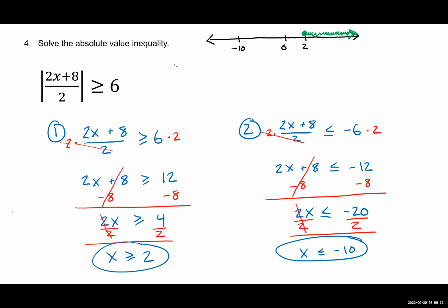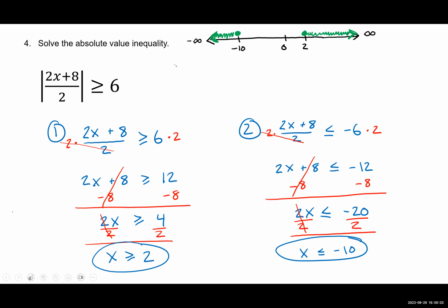And then x is less than or equal to -10. So the equal to is the dot, and the less than is the shading to the left. This answer to the right goes on in the direction of positive infinity, and the part of the answer on the left goes on forever in the direction of negative infinity.